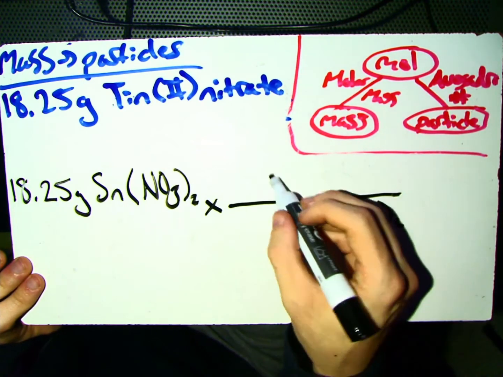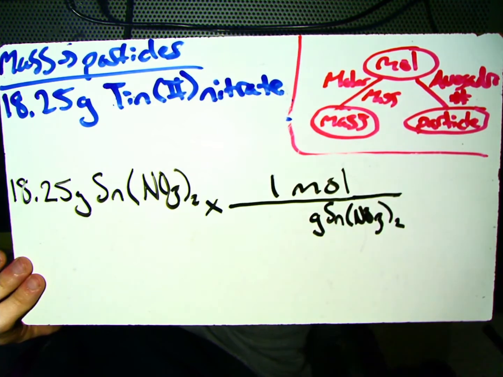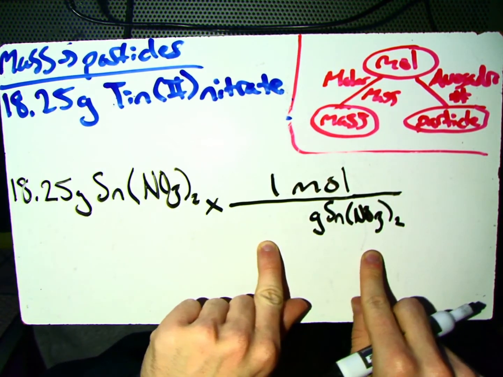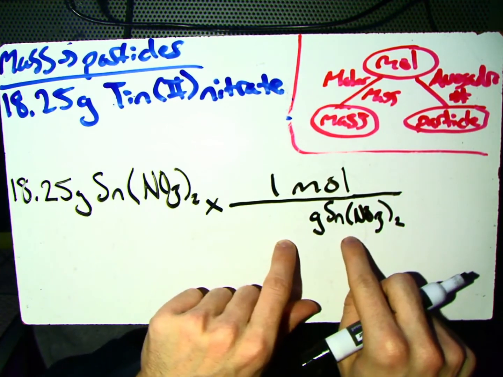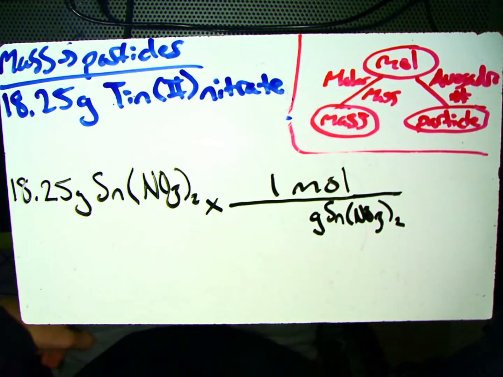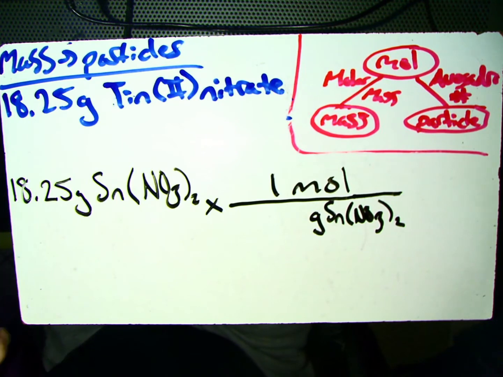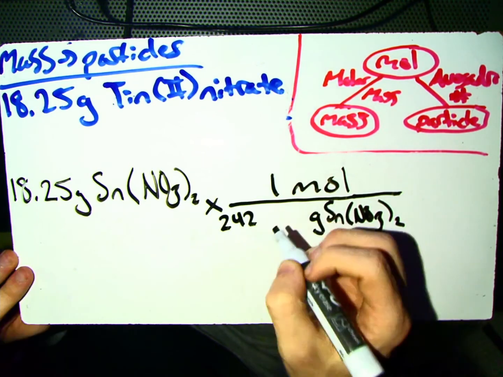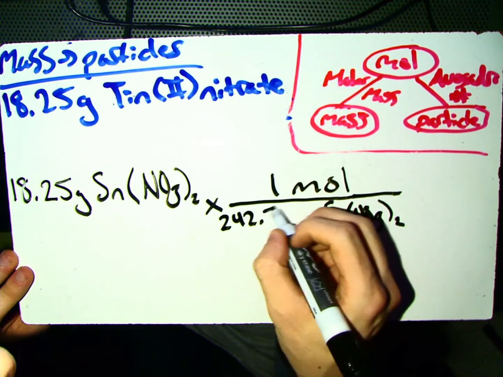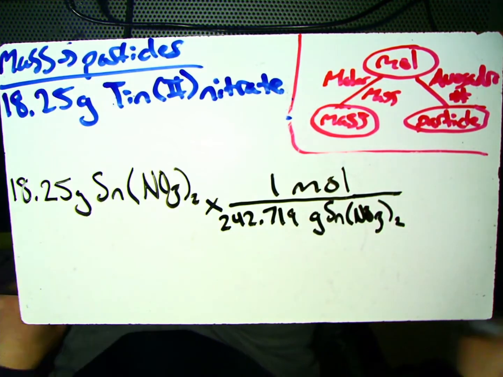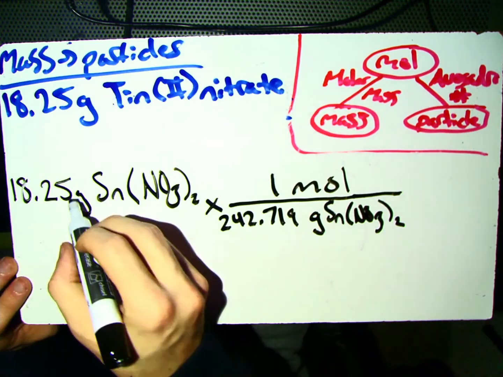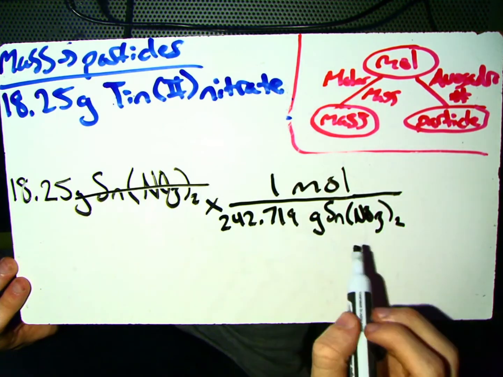I'm going to write 1 mole because, remember, with this conversion factor, molar mass, we're saying how many grams of tin 2 nitrate are in a single mole. I'll do the math for you, and I'll tell you right now that it is 242.719 grams. All right. We can cancel out units now.